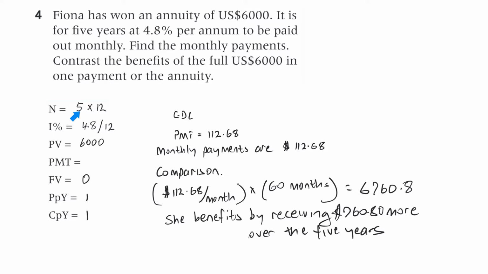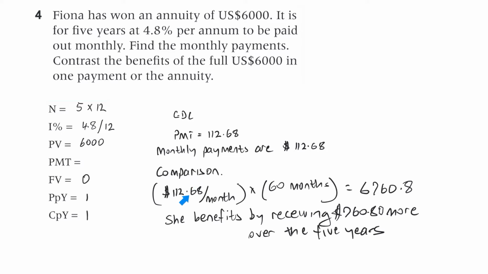So the period was 5 years, but it's monthly, so it's 5 times 12. The interest rate was 4.8, but we want to find it monthly, so we divide by 12. The present value is 6,000. Put that in the calculator and we get 112.68, so the monthly payments are $112.68.